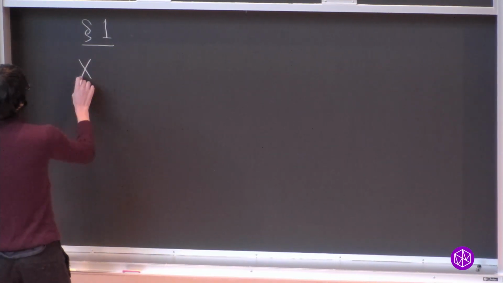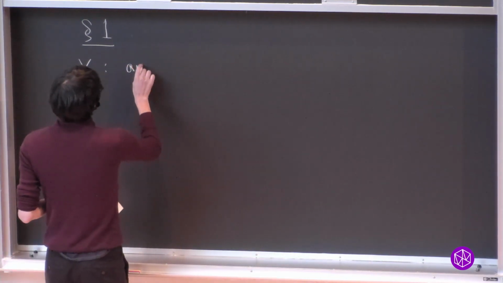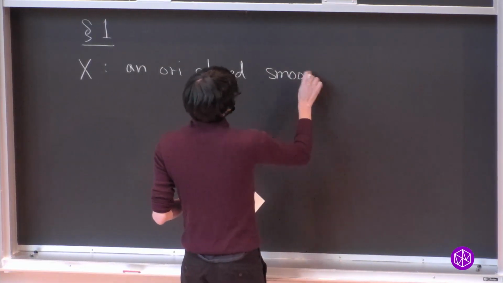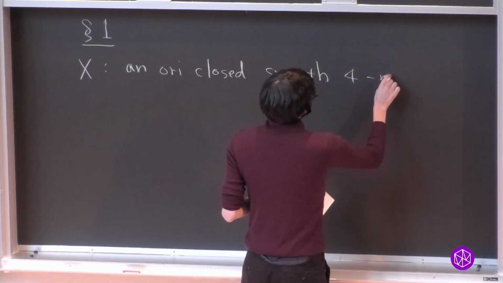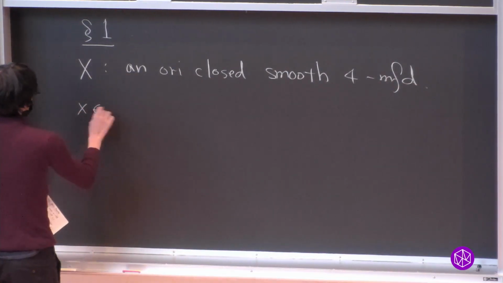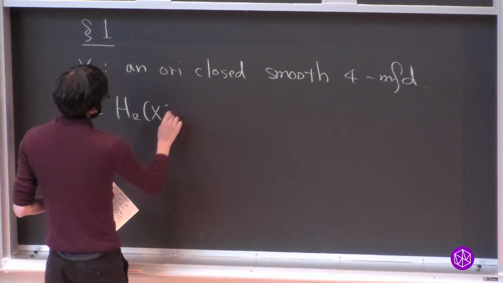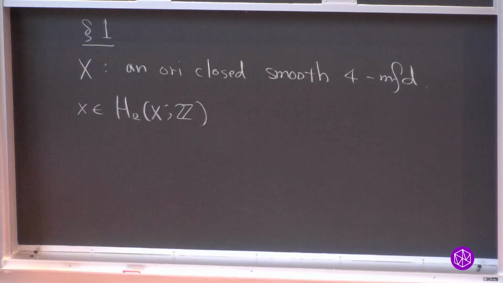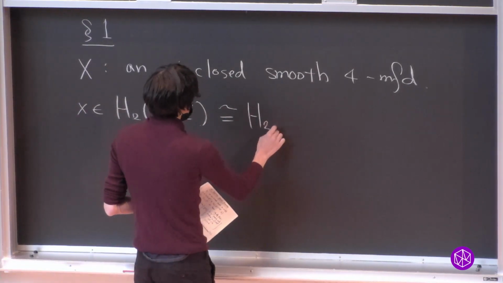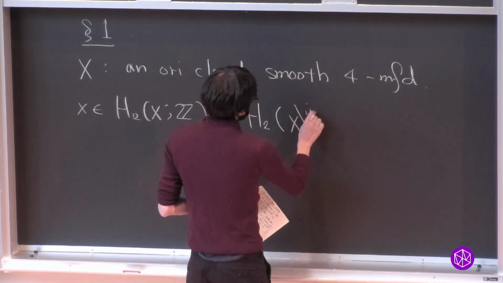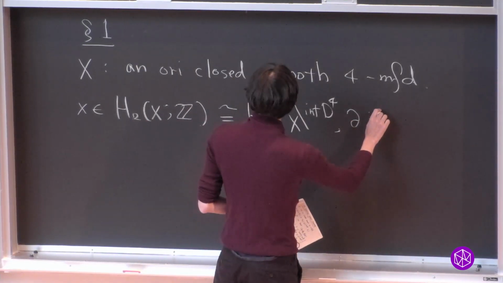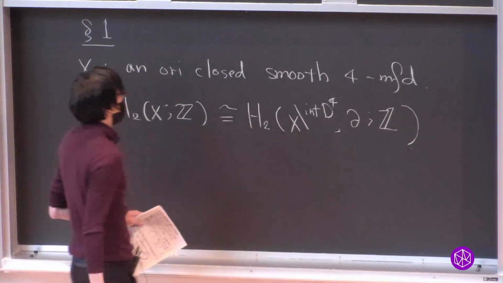Let me start with fixing an oriented closed smooth four-manifold X. And let's fix an element x in the second homology of X. In this talk, we regard this as an element of the relative second homology of the punctured four-manifold with boundary.